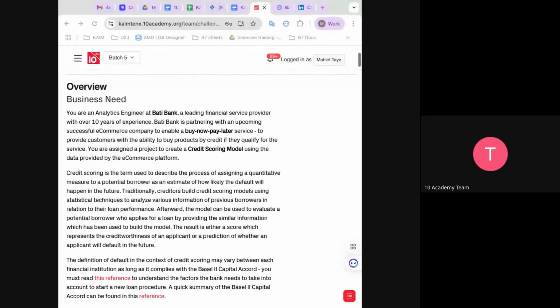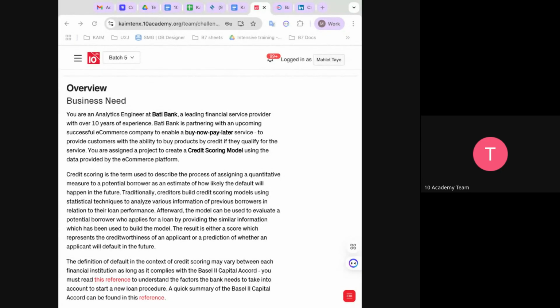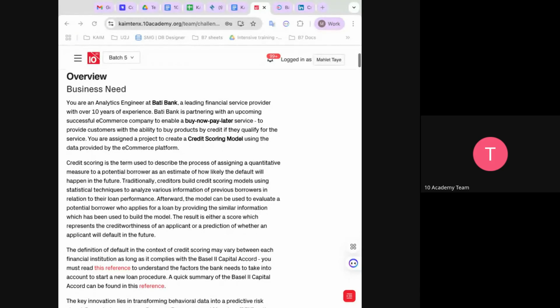So in the definition of default, in the context of credit scoring, the financial institution can comply with the Basel Capital Accord, a banks' common agreement that says this person is creditworthy enough, or that they have enough capital to cover the risks that they are going to take.